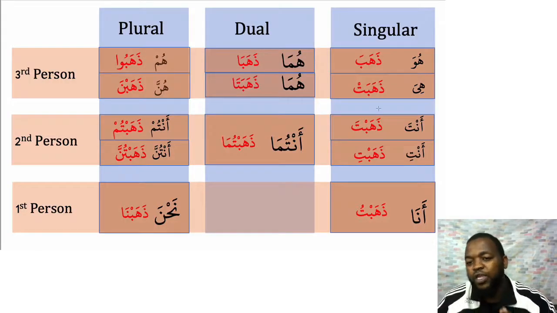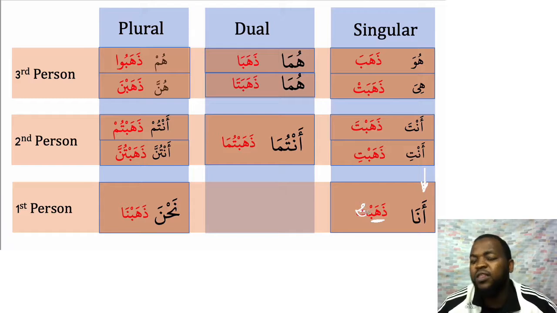So here you see that when I have, for example, dhahabtu, this is the subject and this is the verb. So this ana that is here has nothing to do with the verbal sentence.